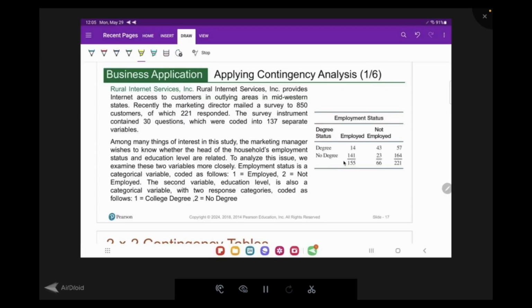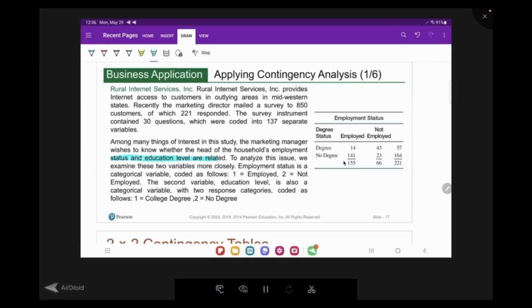Among many things of interest in this study, the marketing manager wishes to know whether the head of the household's employment status and education level are related. The contingency analysis, the chi-square contingency, we call it the test for independence.